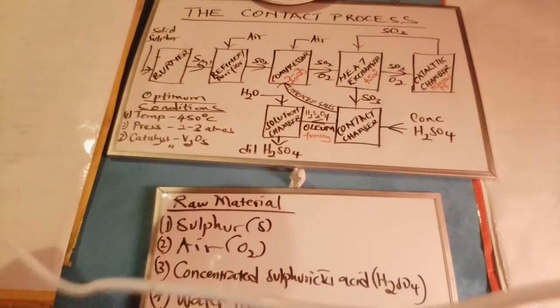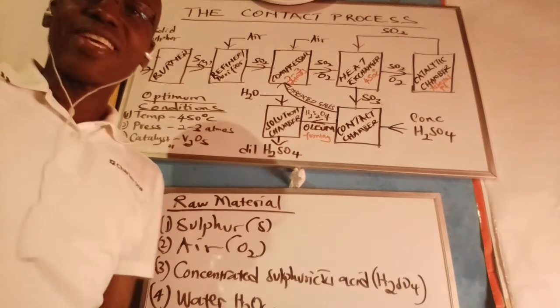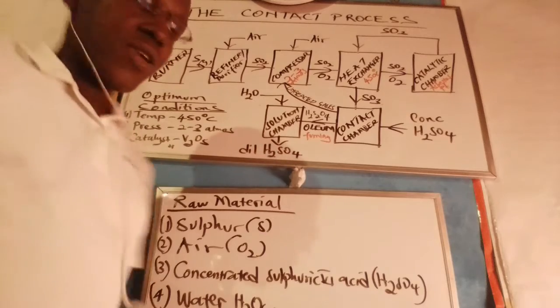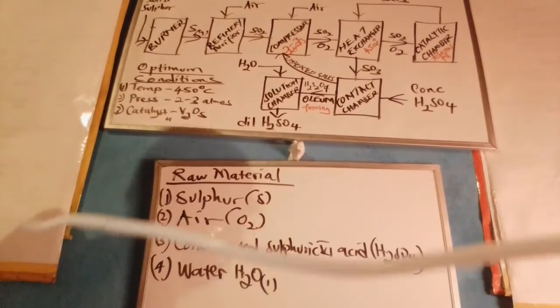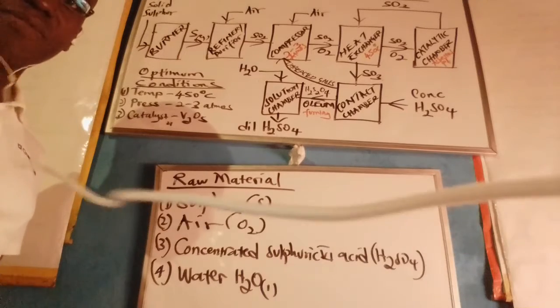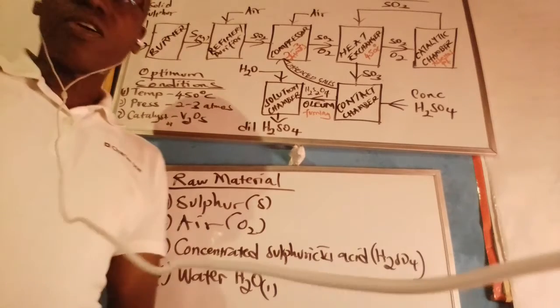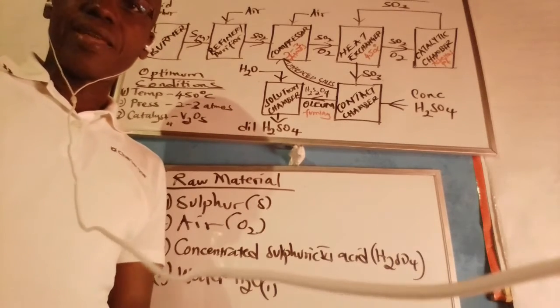Now, to enable us to produce sulfuric acid by the contact process, we need some raw materials. The first, of course, is sulfur. And sulfur is used mainly because we do not have the oxides of sulfur occurring naturally.